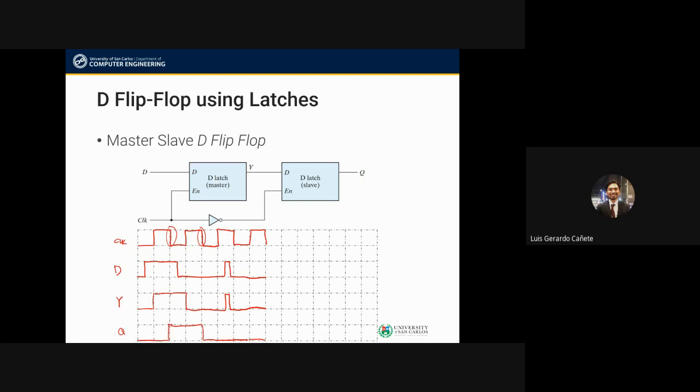So we go to 1 when we have the value of clock is equal to low. So Q is 1 here, so it goes high there. Okay? So notice now that the synchronization for Q with respect to clock is happening at every single edge that we have. So this is how we would implement a D flip-flop using latches.